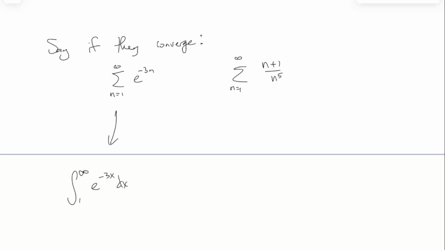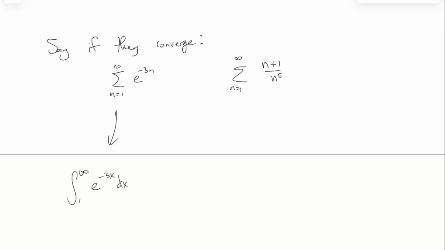Okay. Converges. Yeah. Okay. So that means that the integral equals that.